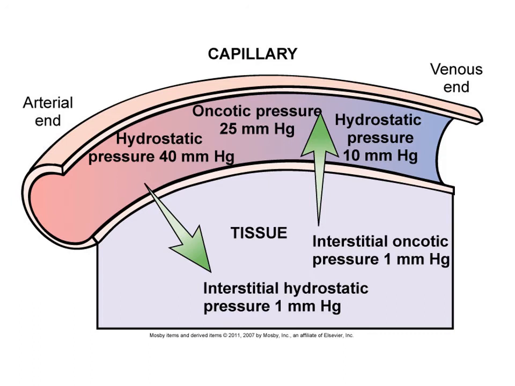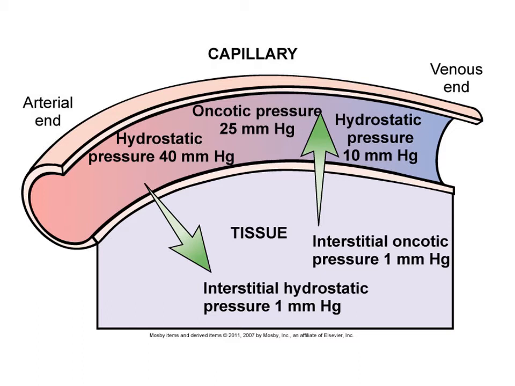Okay, so I think this slide is going to help you understand how blood gets to capillary beds in all the different organs of the body and releases fluid into the tissue, and then as the capillary continues and goes to the venous side of the capillary, the fluid is going to go back into the capillary.